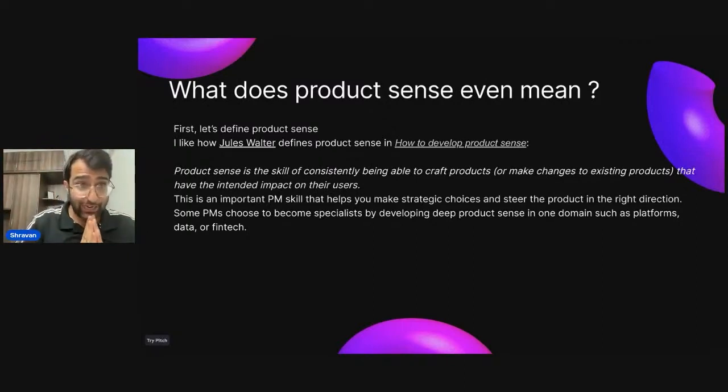Intended impact in general means that, for example, you are working for Flipkart and you want to improve the sign up flow for some reason, like you see that there are some latency issues, some problem there, right? And you make a product change, maybe build some kind of a sign up module around it. And if it improves your sign up rate, then only you have built a product from a product sense lens.